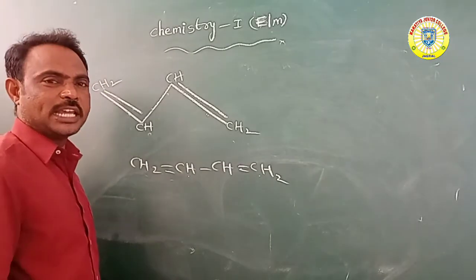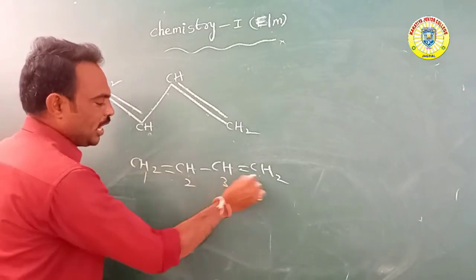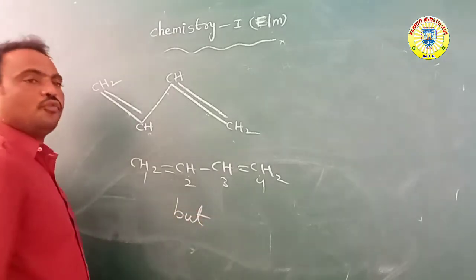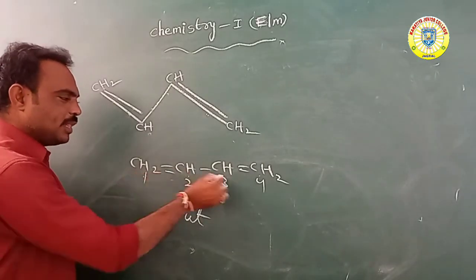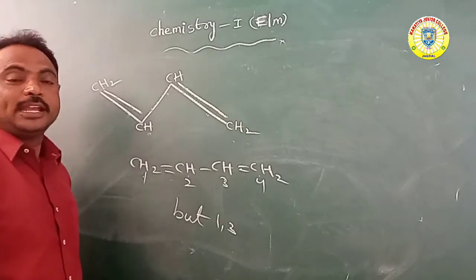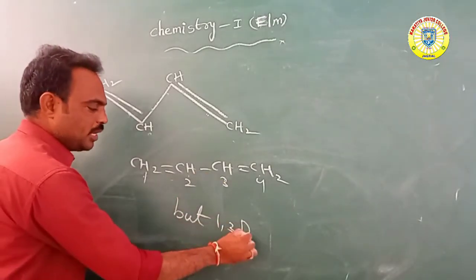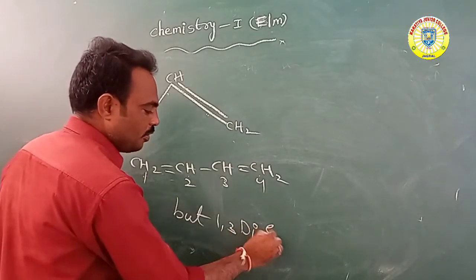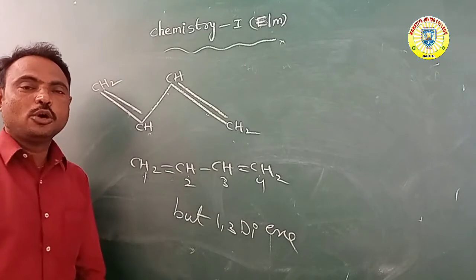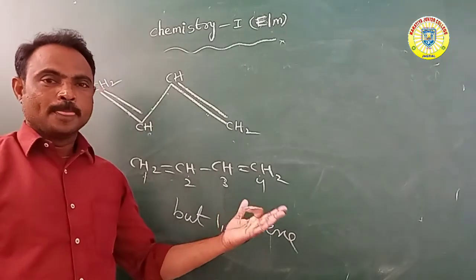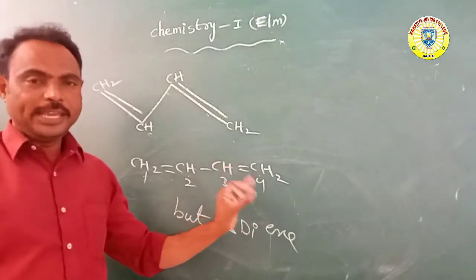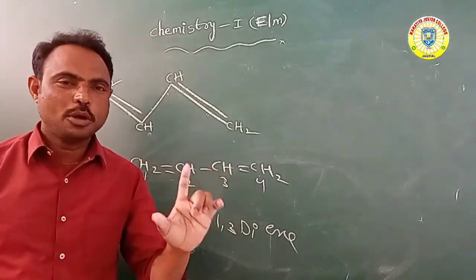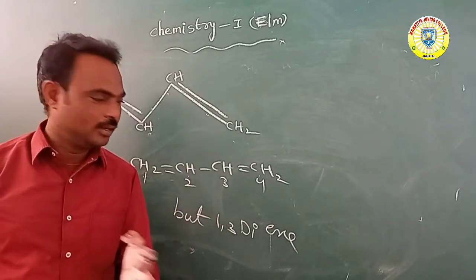So we can use the number from both sides. 1, 2, 3, 4. First we write but-, 4 carbons, and the first and third carbons contain double bonds. Two double bonds means we write di, and a double bond means alkene, we write the ene word.